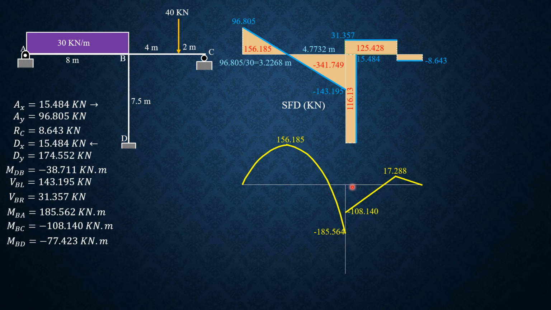So if this is the top fiber, MDB on the other hand is negative 38.711. So we move here, negative 77.423 plus this area, which is 116.30, negative 15.484 times 7.5 or 116.13.